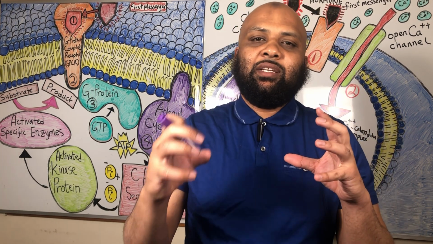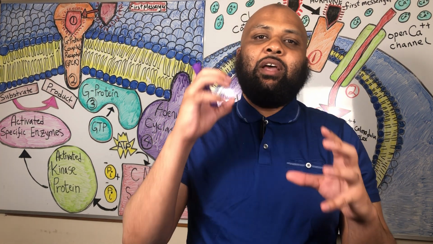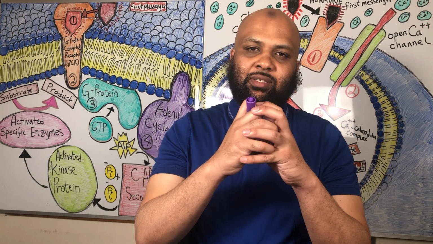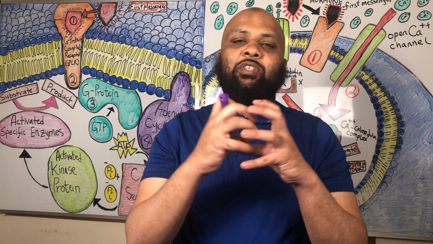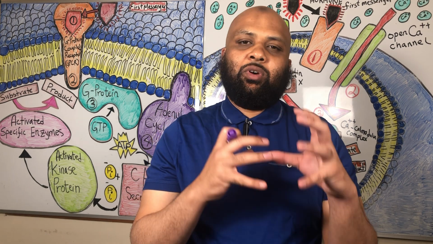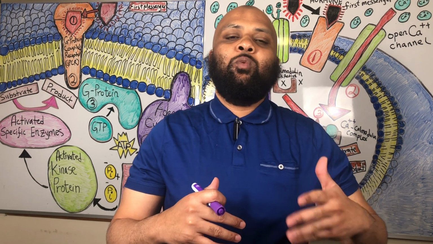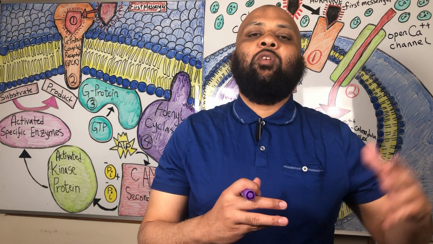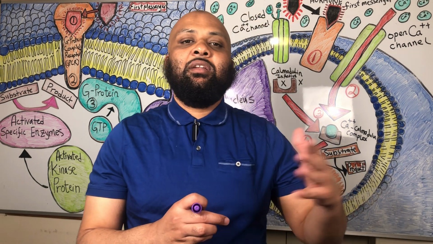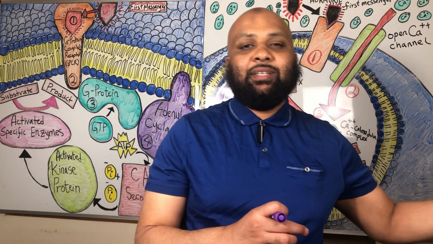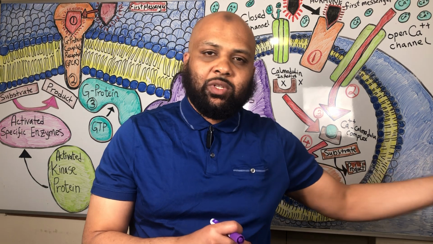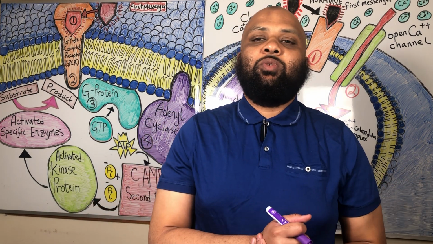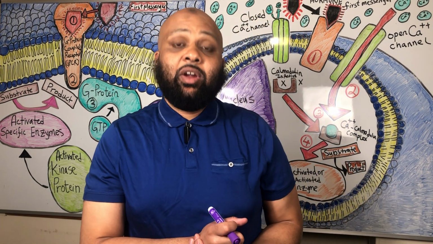And once that signal, that stimulus, that hormone binds that receptor, the receptor is going to undergo a conformational change that will elicit the beginning of a cascade, a signal transduction cascade, that will eventually lead to a response in the target cell.